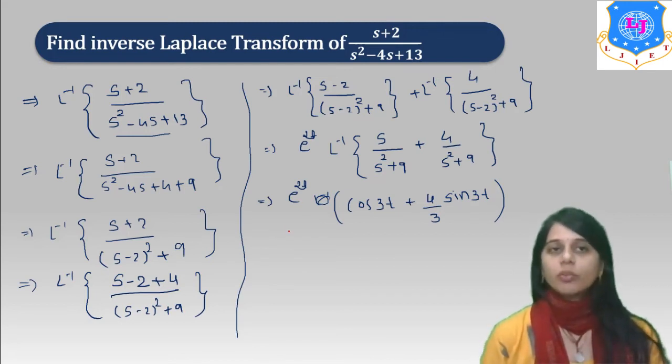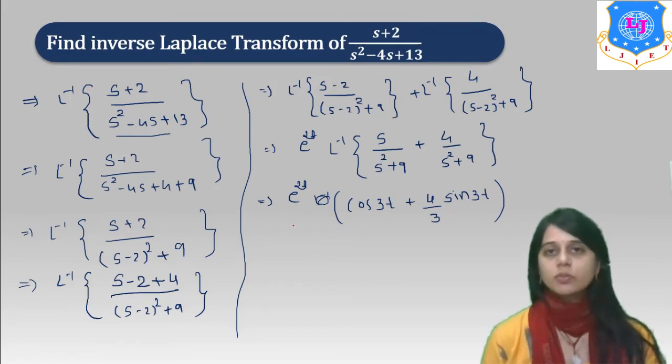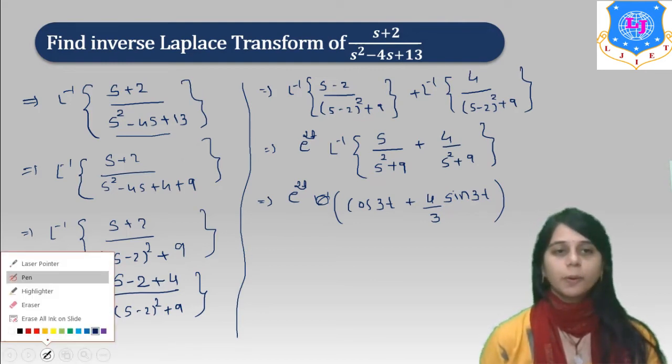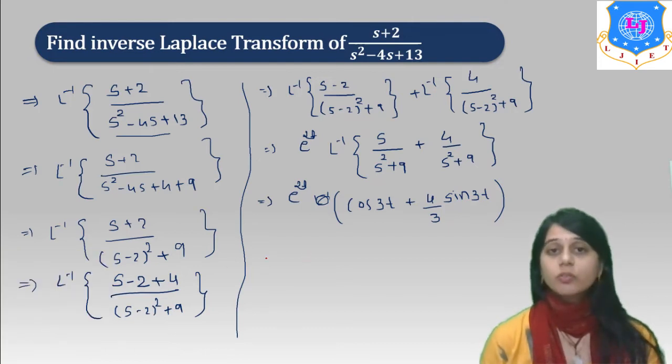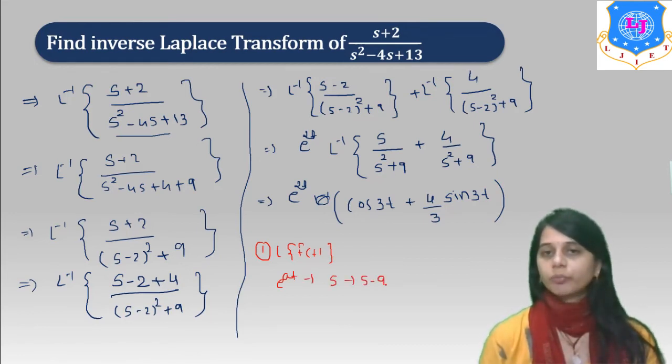Now we revise this example, because we are using here inverse first shift theorem. What is the first shift theorem? First shift theorem steps, we first find Laplace of f of t, and due to e raised to at, we convert s to s minus a.